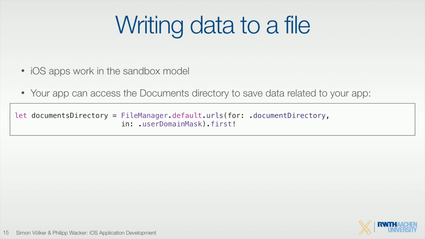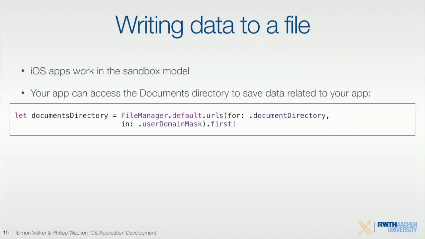And this is basically the document directory that you can access. So basically, every application has some kind of folder inside the application, which can be used to store data that you can access as one particular folder. And you can access this by this call here.